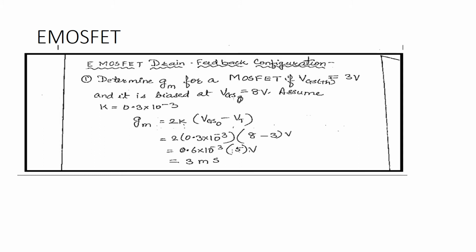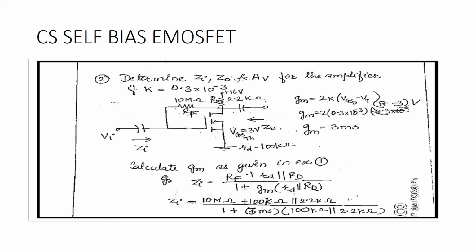Substitute in the relation gm is equal to 2K into (VGS0 minus VTH). Substitute all the parameters, that is K, VGS0 and VT, and you will get the answer as gm equal to 3 millisiemens.